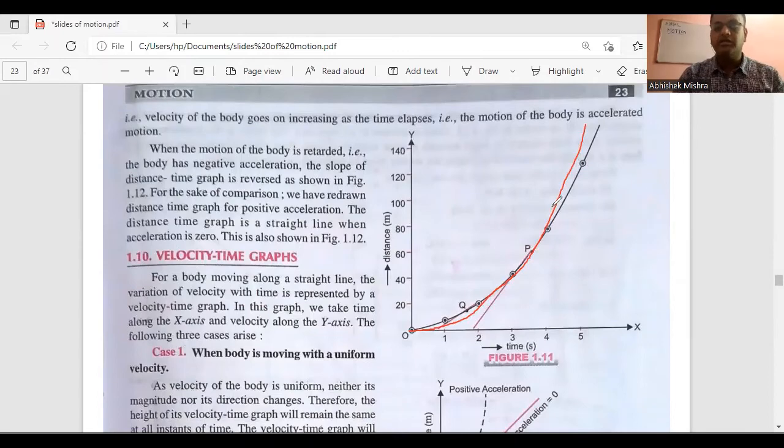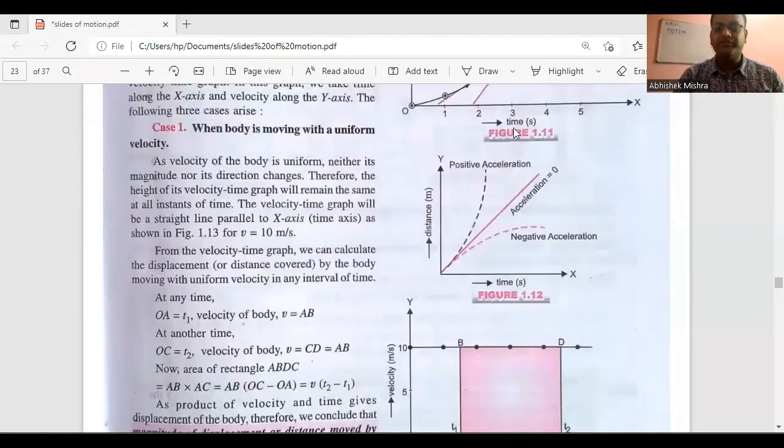Because the velocity, or we can say the speed, is increasing under the force of gravity. The speed is going on increasing. So for our simplicity, this graph has been shown in figure 1.12, where the three different situations are plotted.